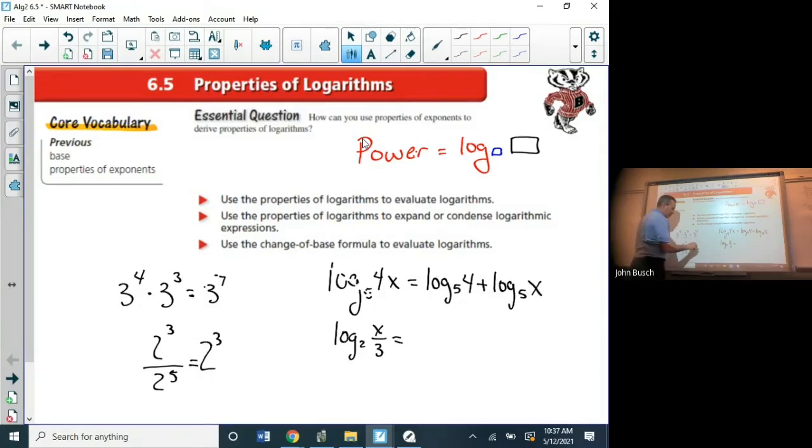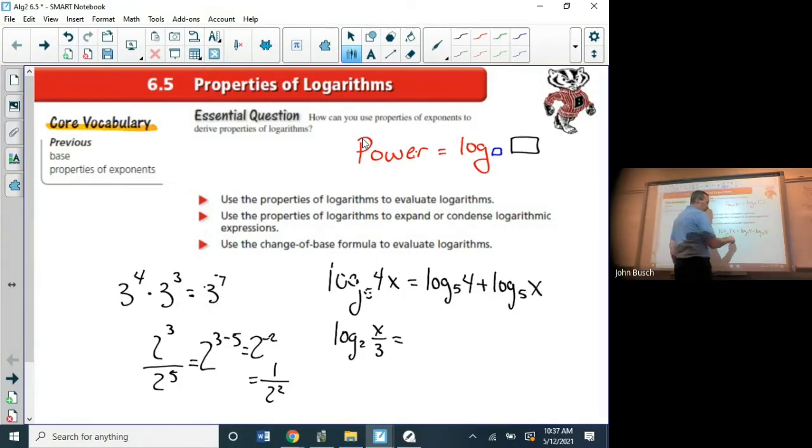It's 2 to the 3 minus 5, which is 2 to the negative 2. Of course, you know that that means it goes to the denominator to make the power positive. But at any rate, when you're dividing, you subtract the powers, and logs are powers.